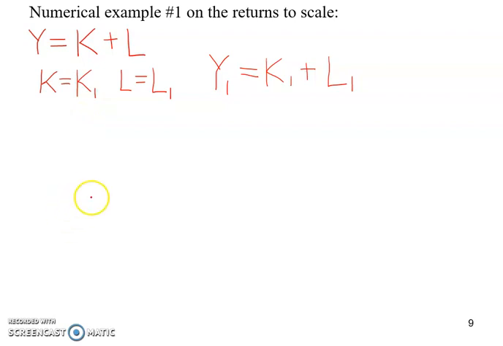So now K equals 2K1. For example, the firm used to have 10 units of capital, like 10 assembly lines, and now it gets 20. The labor doubles as well.